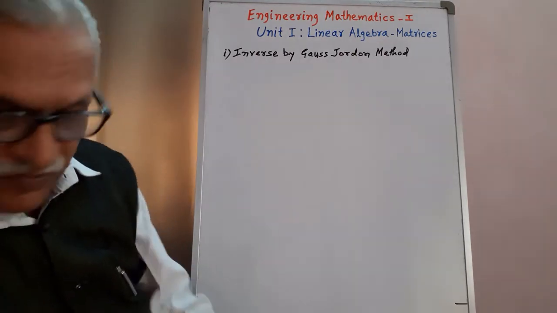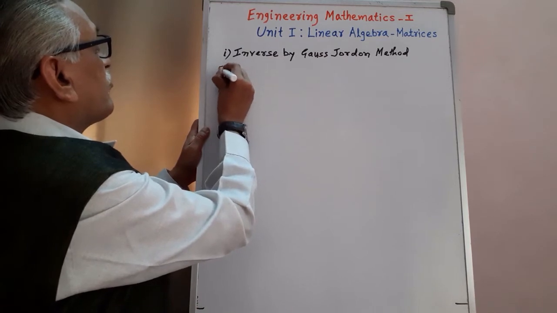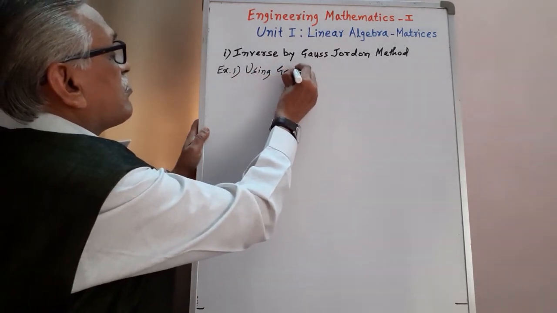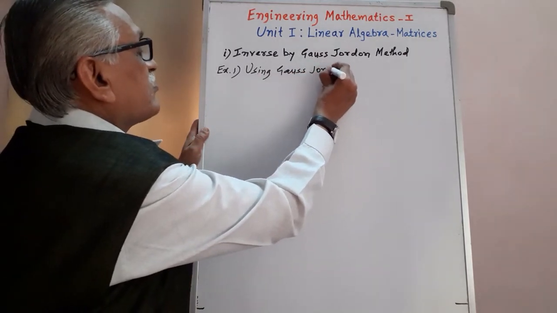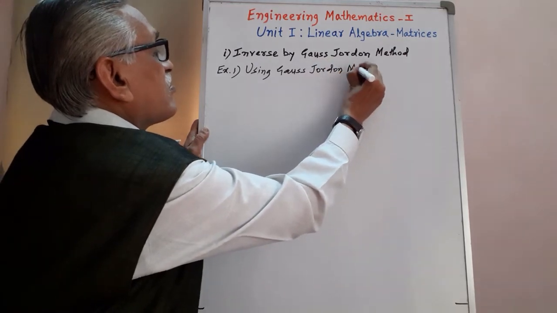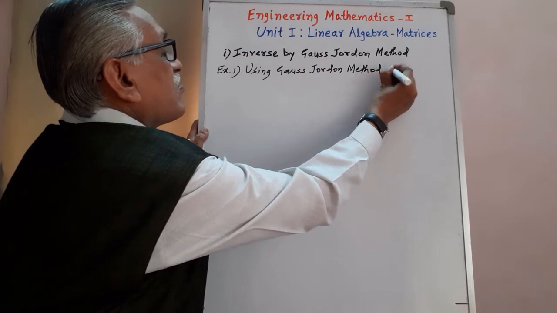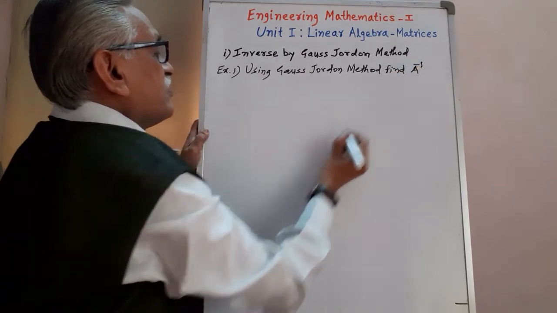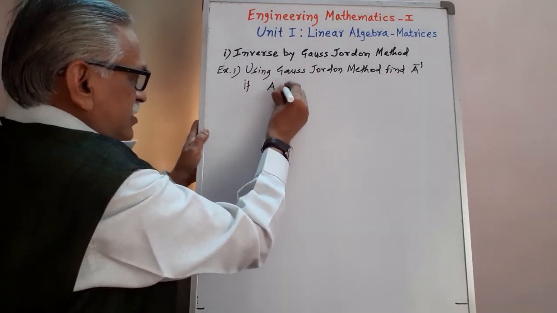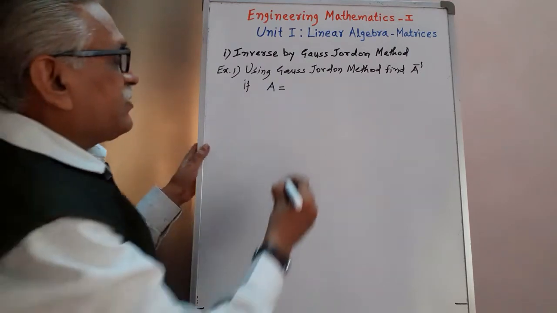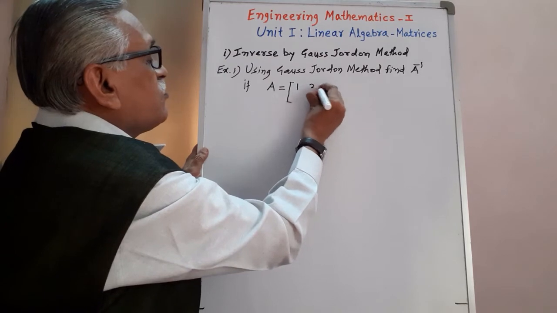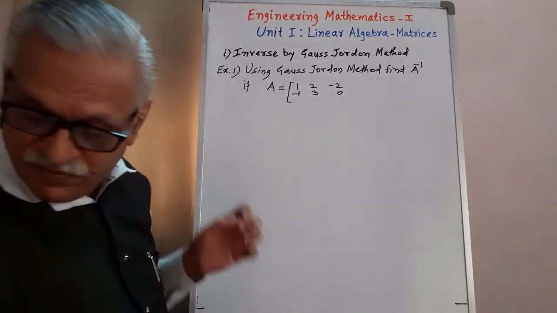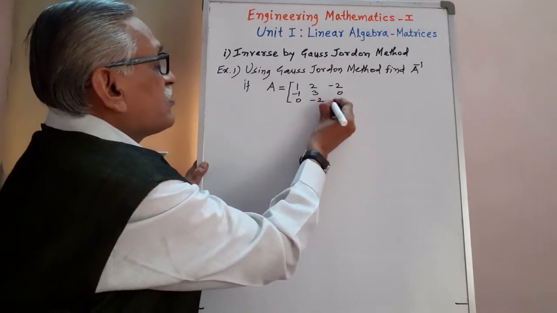Therefore, let us find A inverse using Gauss Jordan method, if matrix A is equal to 1 2 minus 2, minus 1 3 0, 0 minus 2 1.